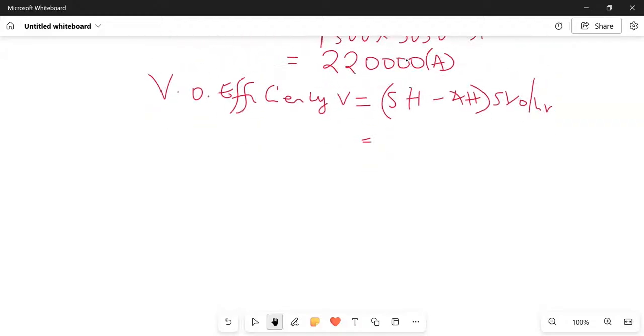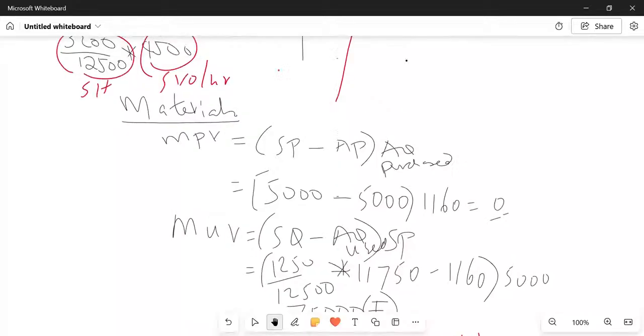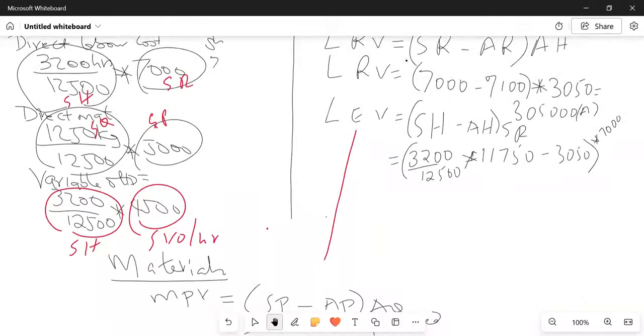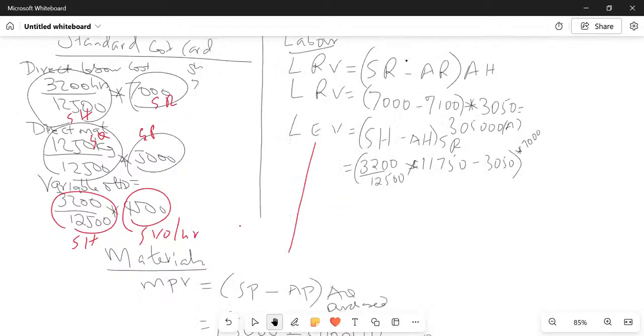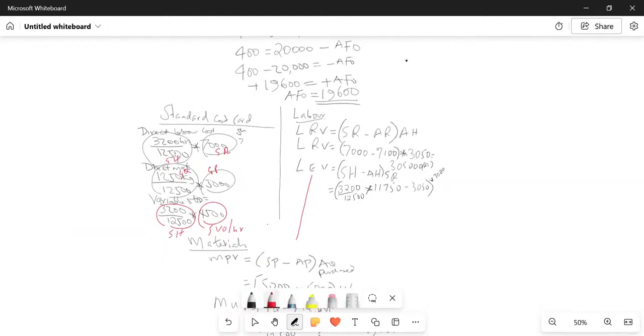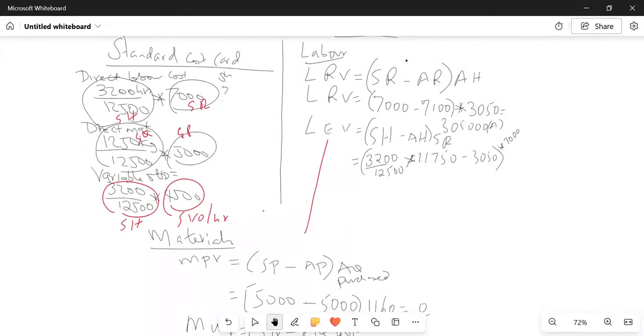The standard hours are here. That's 200 over 12,500.